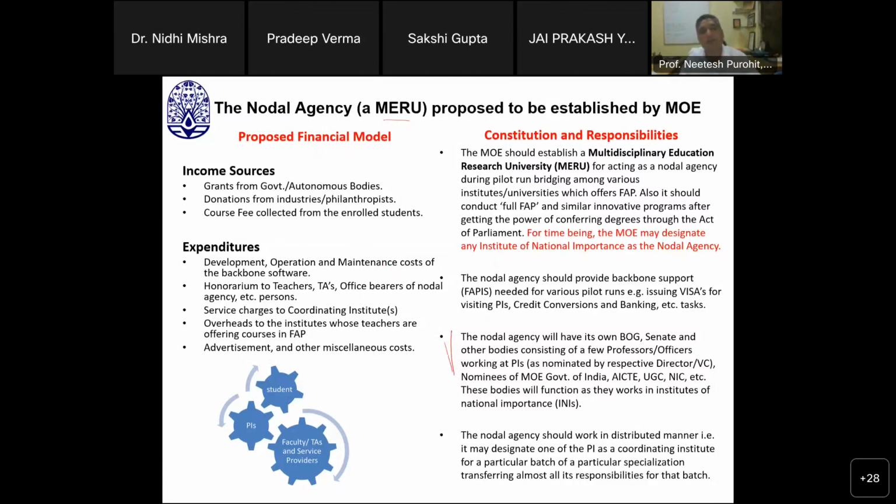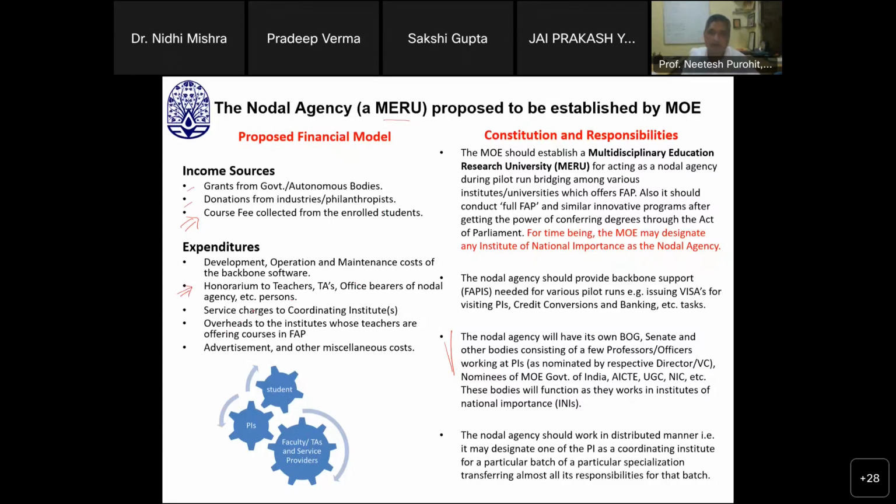In this financial model, the course fee will be collected from the enrolled students, and it is suggested that this course fee is what the entire system should run on. And yes, we can have some donations and some grants as well. And how should this be spent?